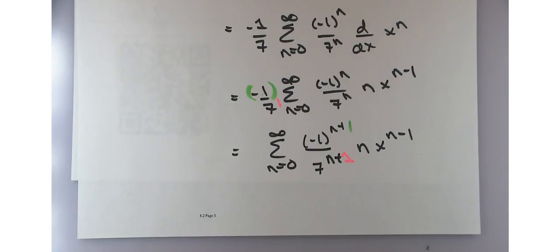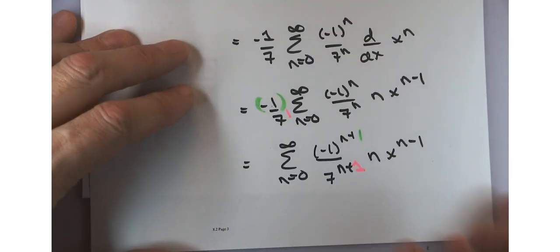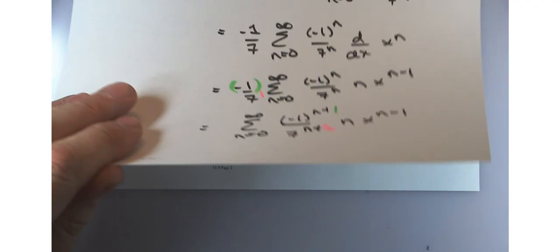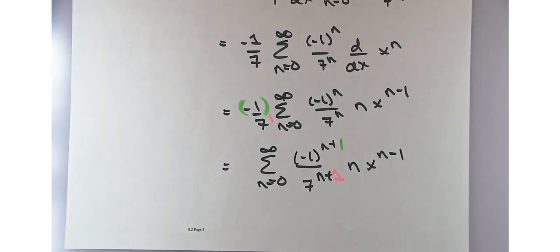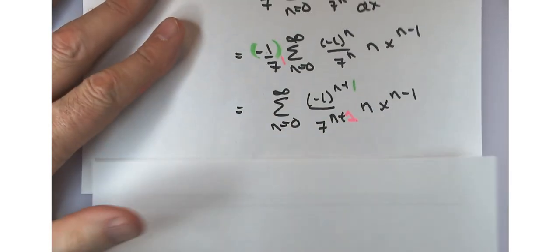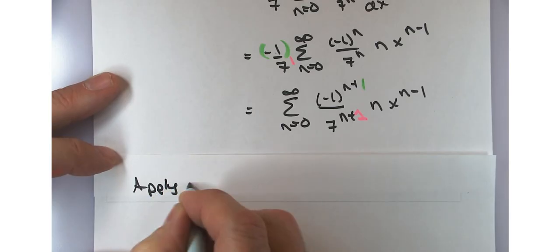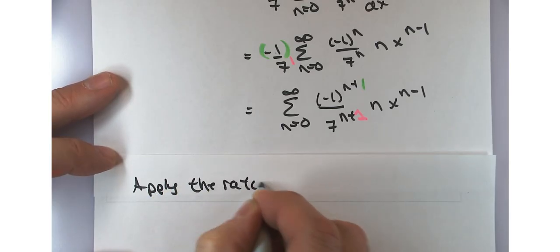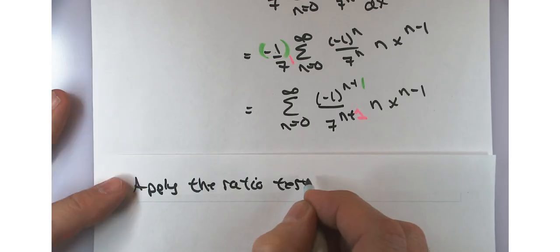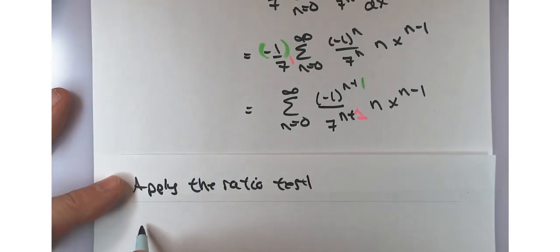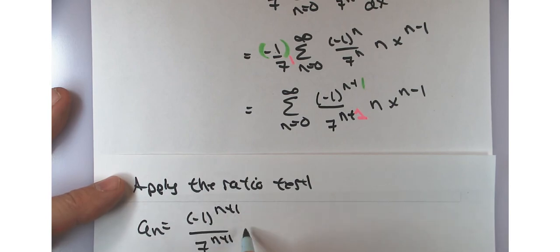Let's figure out the radius of convergence then. To figure out the radius of convergence, we're going to apply the ratio test. So we've got a sub n equals negative 1 to the n plus 1 over 7 to the n plus 1 times n times x to the n minus 1.